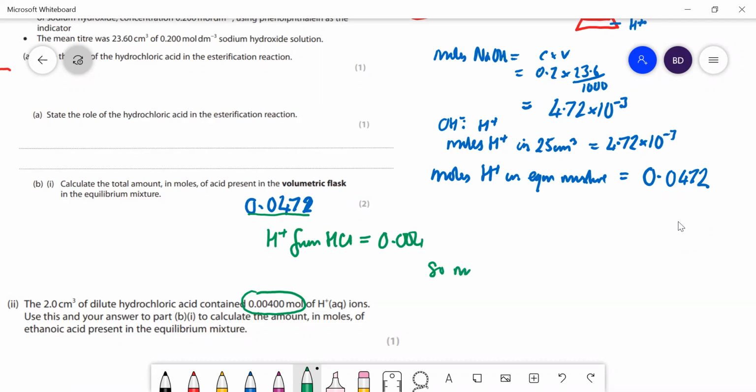So the moles of ethanoic acid is going to be the total moles of acid minus the moles of HCl. They're both monoprotic acids, of course, so the moles of acid are the same as the moles of H plus. And that is going to give us, do that subtraction, 0.0432.